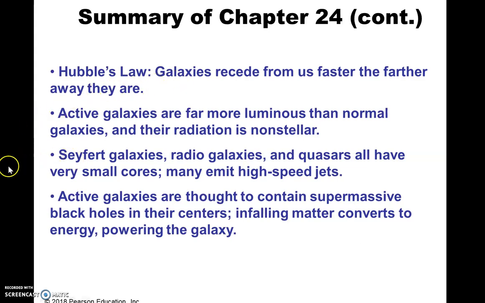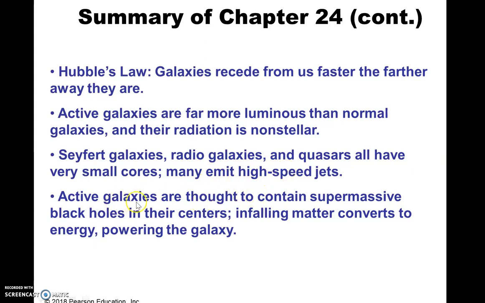Remember, when we distinguished between active galaxies, which are producing a lot more energy, there are 3 basic types: Seyfert, radio, and quasars. Quasars were the first ones discovered. Seyferts are always spiral galaxies. Radio galaxies have most of their energy coming in the form of radio waves, as their name implies, and they have these high-speed jets, depending on what angle you see them from.